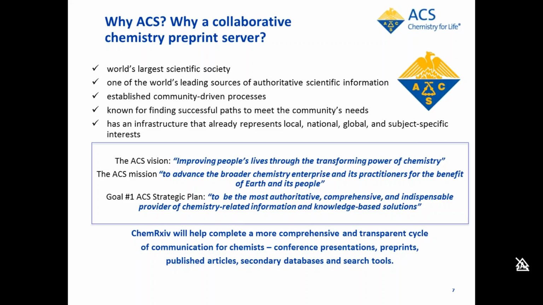We know that because we are a large and established society, we have a very large number of established community-driven processes for gathering information, for determining how to launch a product that meets the needs of society. So we can leverage those to effect a successful preprint server.